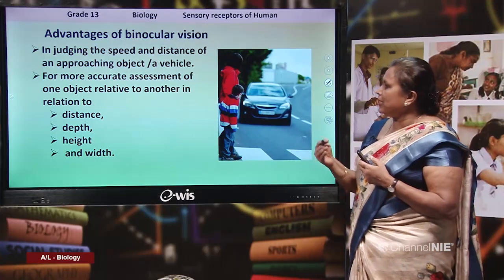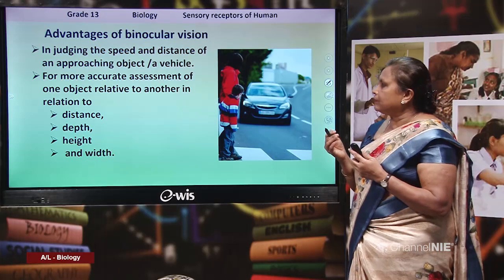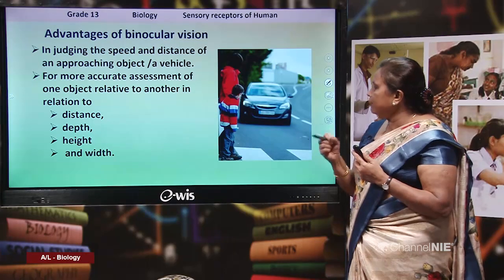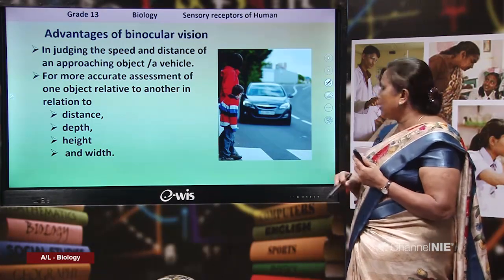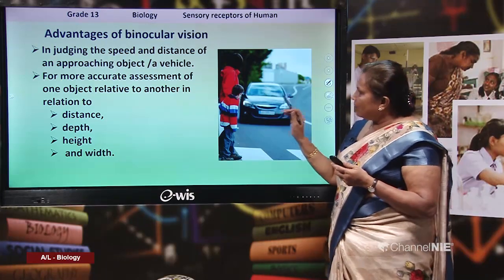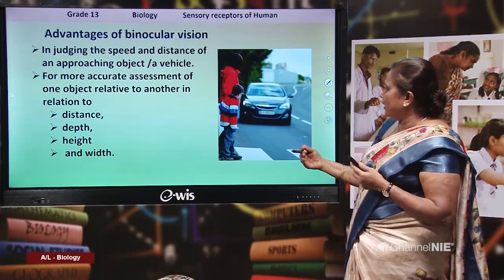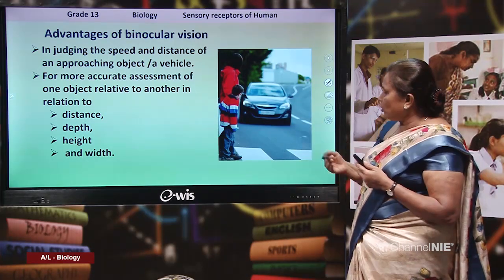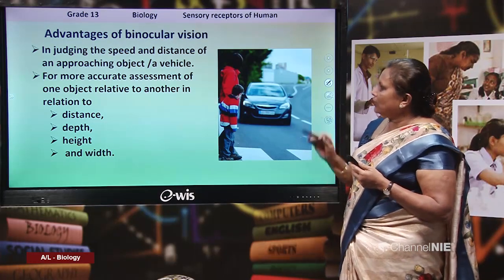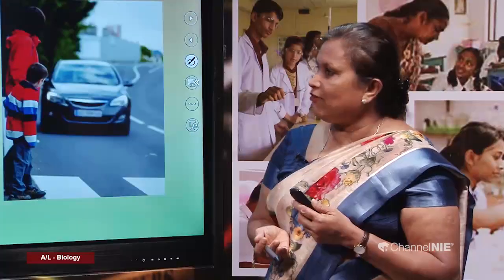That assessment has to be done in order to judge the time that is necessary to cross the road. So we need an assessment of the speed of the vehicle which is reaching towards us. This is a very important thing. That happens due to our binocular vision.